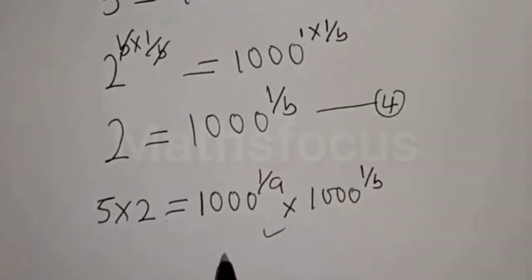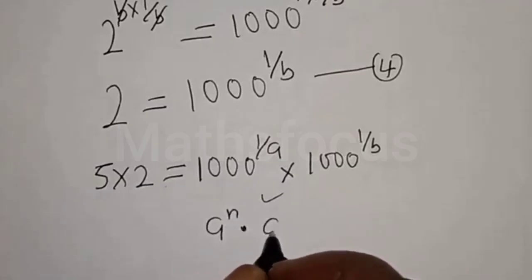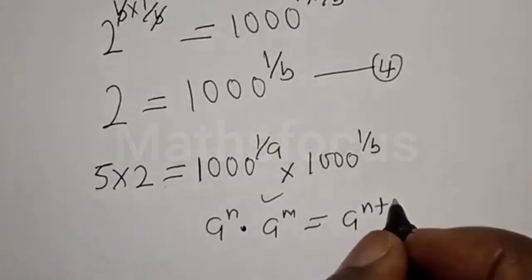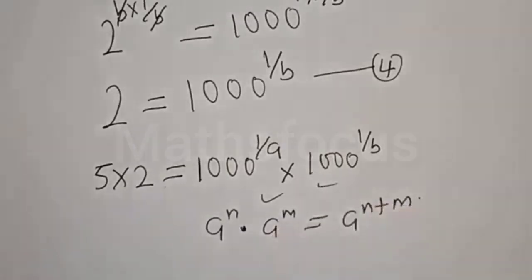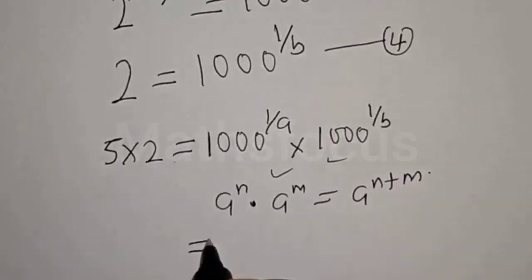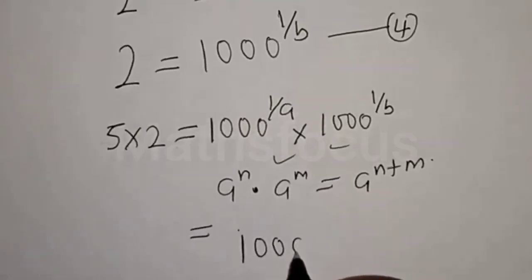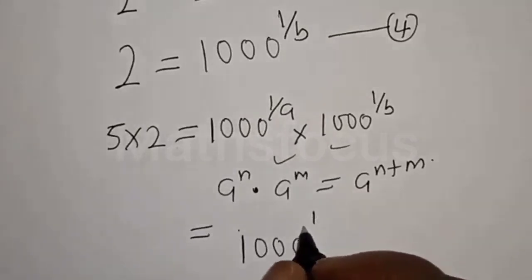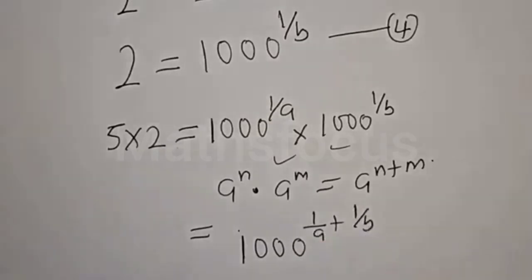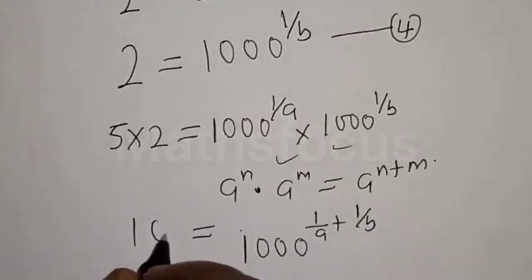And remember that a raised to power n multiplied by a raised to power m is the same thing as a raised to power n plus m. Then this right hand side becomes 1000 raised to power 1 over a plus 1 over b, and the left hand side becomes 5 times 2, that is 10.